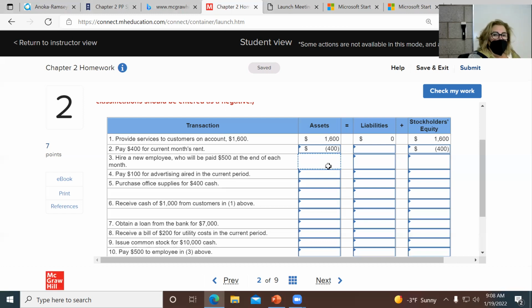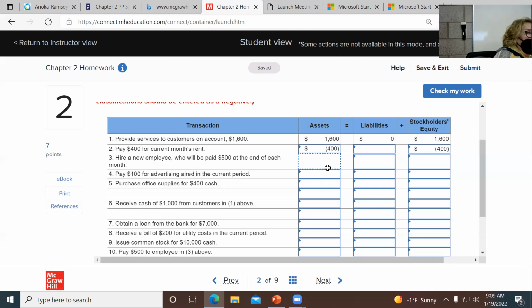Hire. Okay, guys, this one is kind of tricky. Hire a new employee who will be paid $500 at the end of each month. That was an event that took place, but do we need to record that?